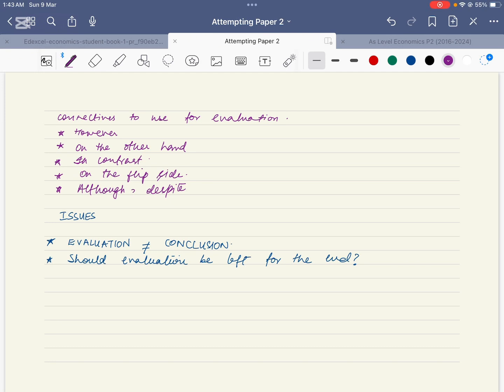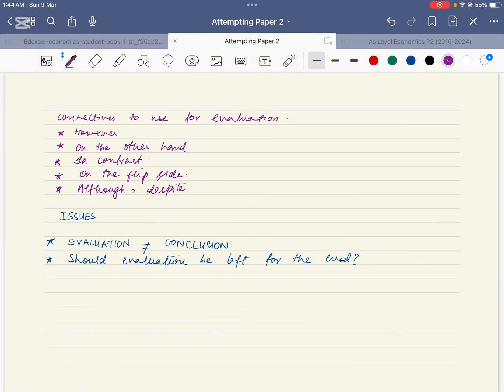Okay, so it depends completely on you whether you want to write evaluation side by side with your analysis, or you want to write an evaluation before you end the answer, before conclusion. And it also depends upon the type of question that you have.